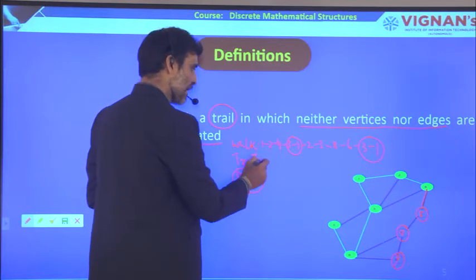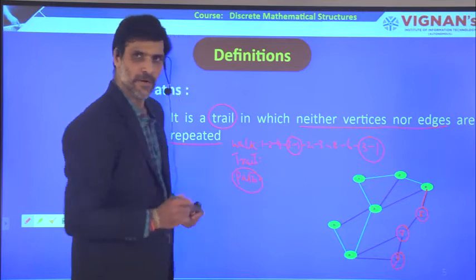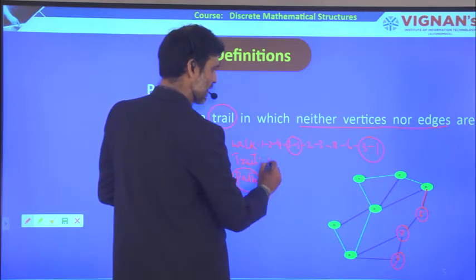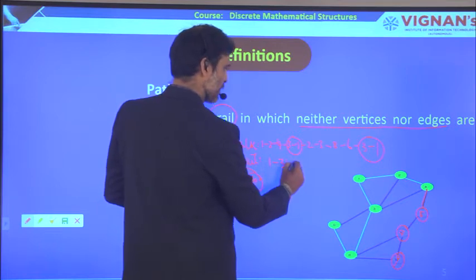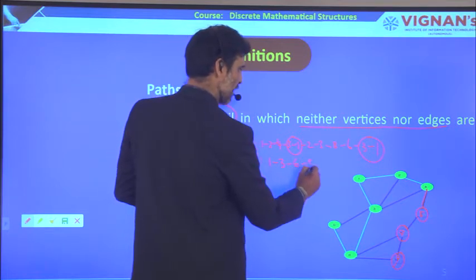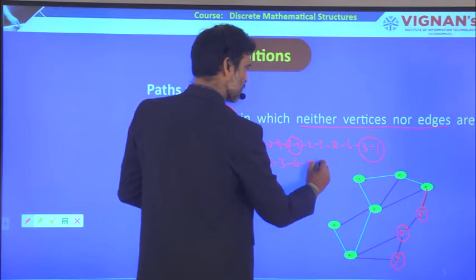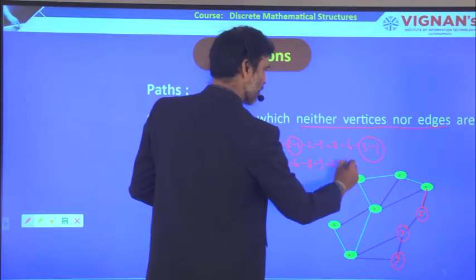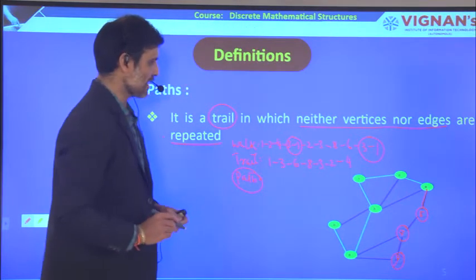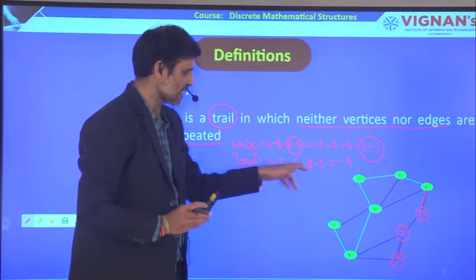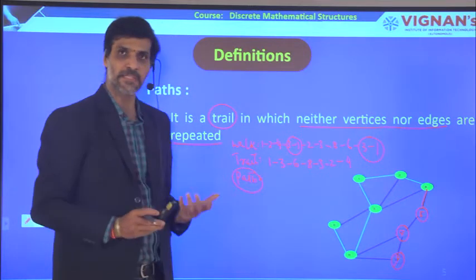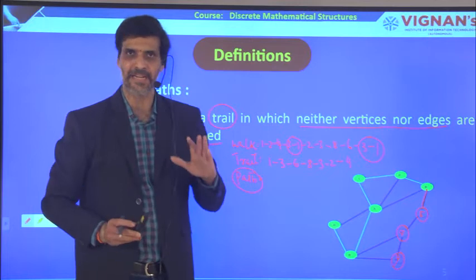And edges cannot be repeated in a trial. Suppose I take 1 to 3, 3 to 6, 6 to 8, 8 to 3, 3 to 2, 2 to 4. Even though vertex 3 is repeated twice, no edge is repeated, therefore it is called a trial.